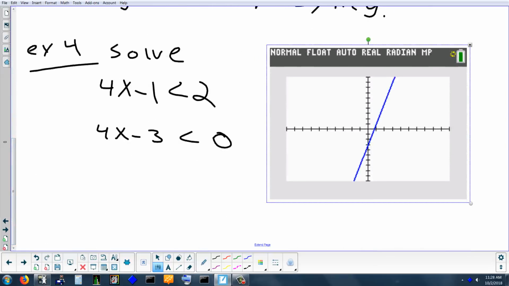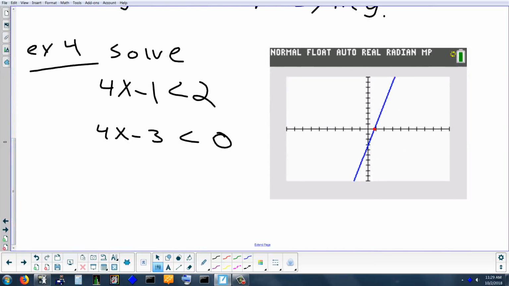Okay, the 0 is right there. So my answer is either going to be everything from that red dot to the right, if I want to know where it's greater than 0, or everything from that red dot to the left, if I want to know where it's less than 0. But that red dot is right where it equals 0.